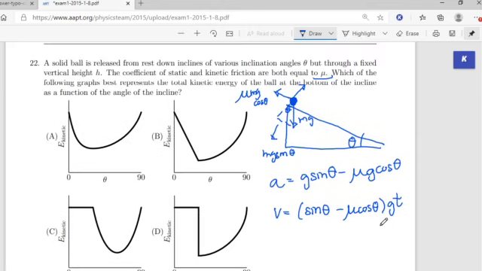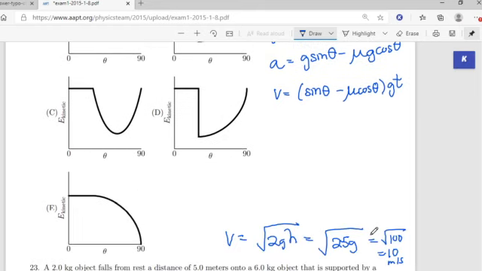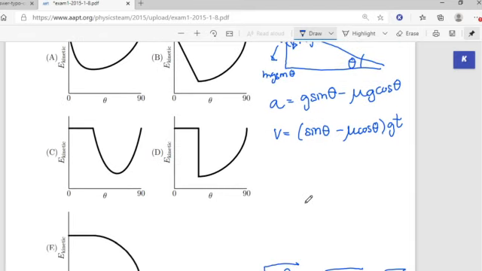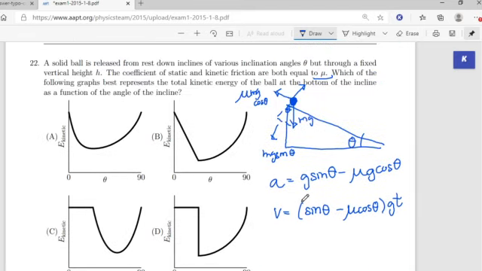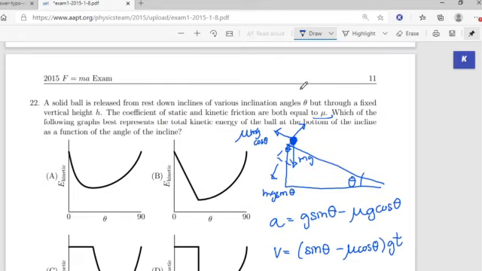Huh. Actually, let's see if we can think about this. So okay, so obviously we know that the kinetic energy should increase as well.